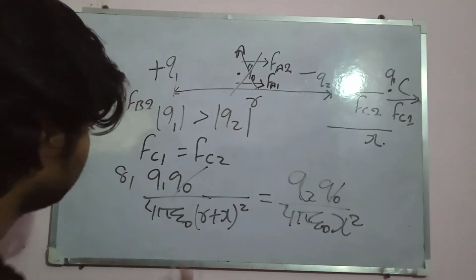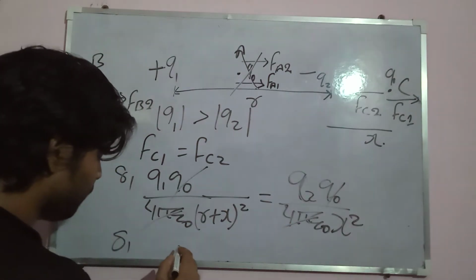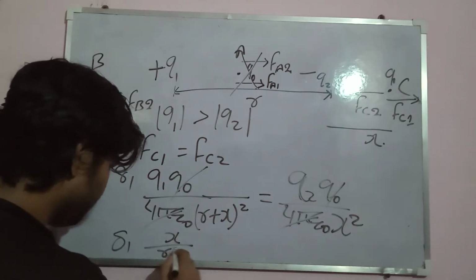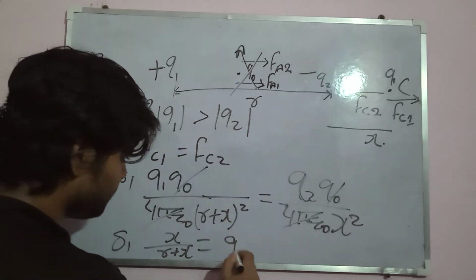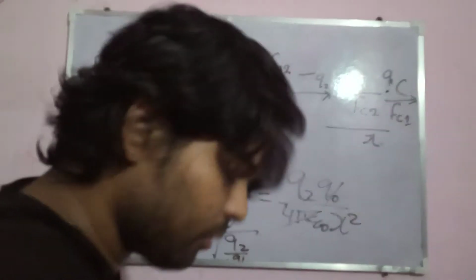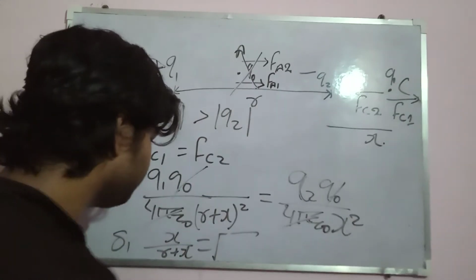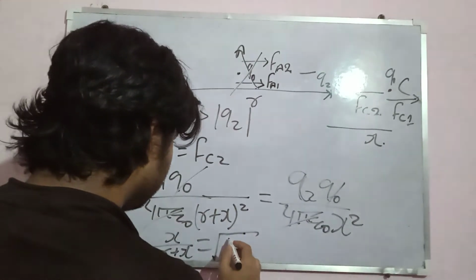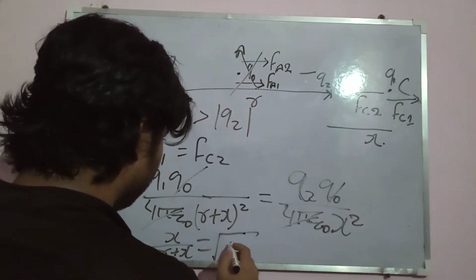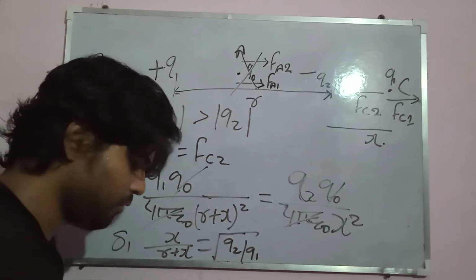So what are you seeing here? Q0 cancels, 4 pi epsilon naught cancels. So what are you getting? x by r plus x is equal to the square root of Q2 by Q1.